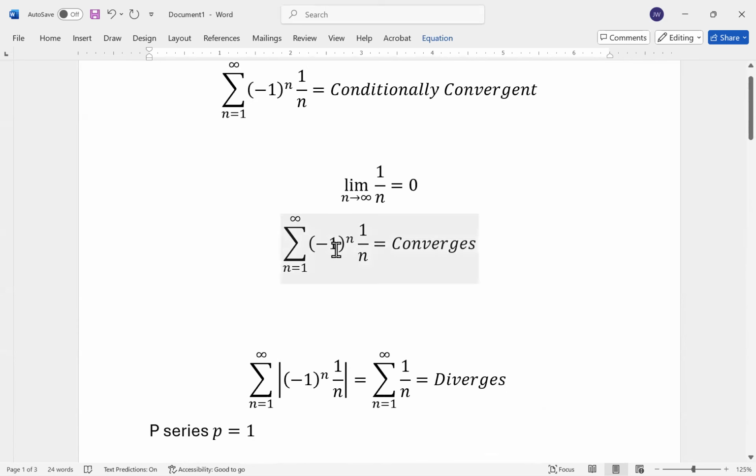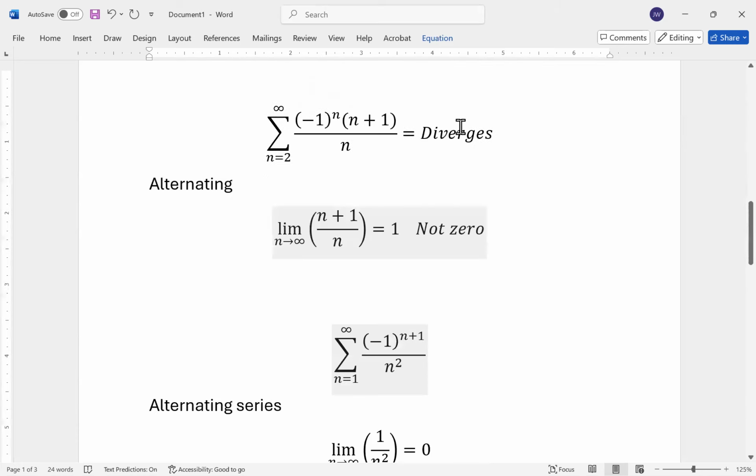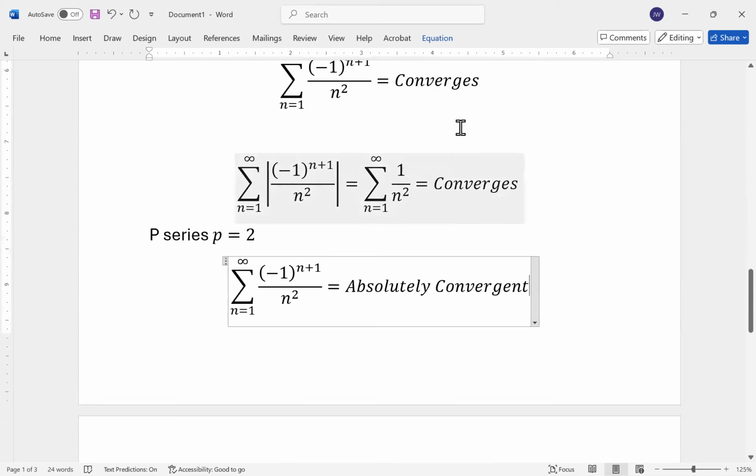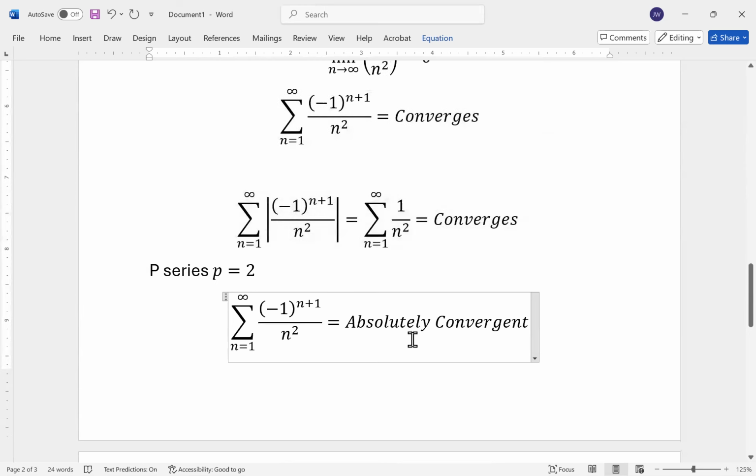If the series converges, but the absolute value series diverges, then that's called conditional convergence, or we say the series is conditionally convergent. So the example that we just did, we got absolutely convergent because both pieces converged.